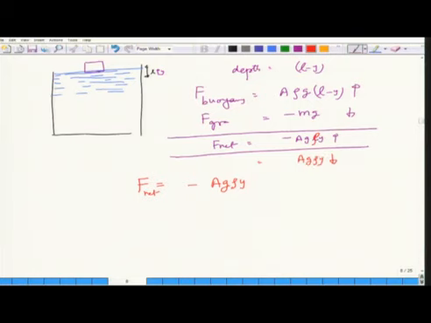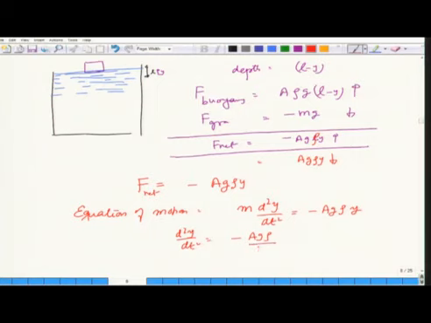So, the equation of motion is going to be m d2y over dt squared equals minus A g rho y, or d2y over dt squared equals minus A g rho over m times y.